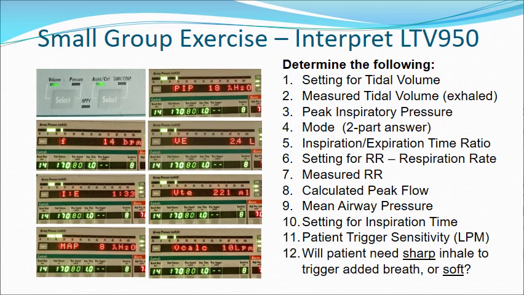Okay, you've gotten a lot of information, and we're going to take a break to do a small group exercise. You'll see there are 8 pictures on the left, and these are for the same setting. These are pictures of different feedback that the LTV 950 is giving you, and then there are 12 questions on the right.